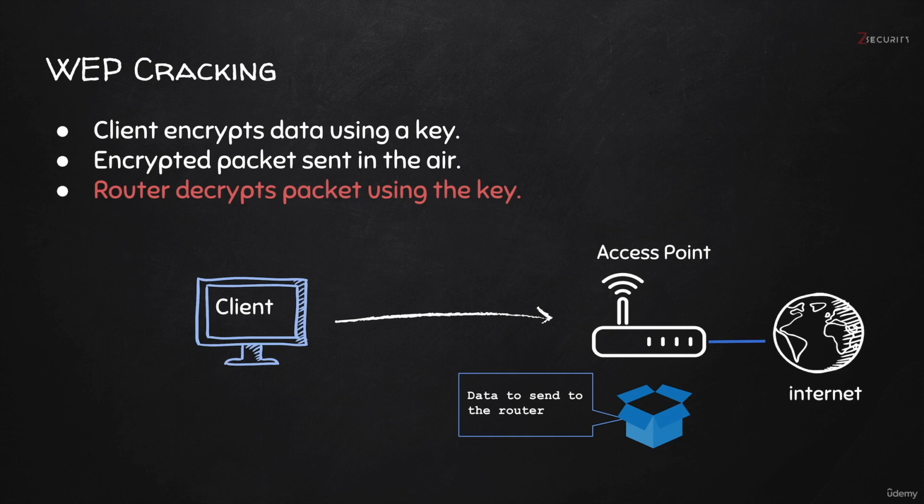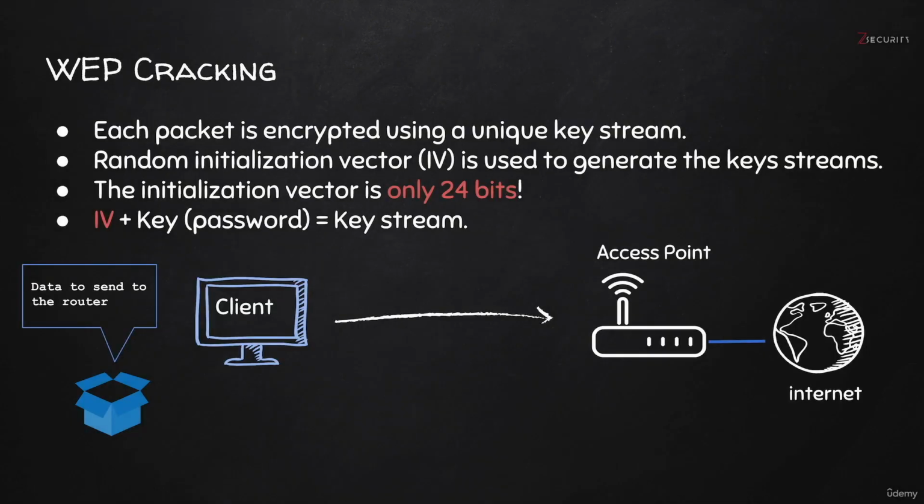And to understand this, let's zoom in a little bit more on each step. So going back to the first step, we have the client trying to send data to the router, and the data that it wants to send is data to send to the router. So in order to encrypt this, WEP tries to generate a unique key for each packet. So literally each packet that's sent into the air, it tries to create a new unique key for it.